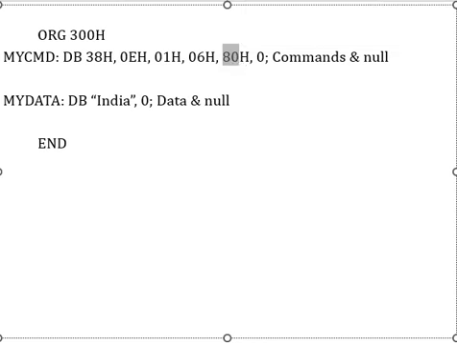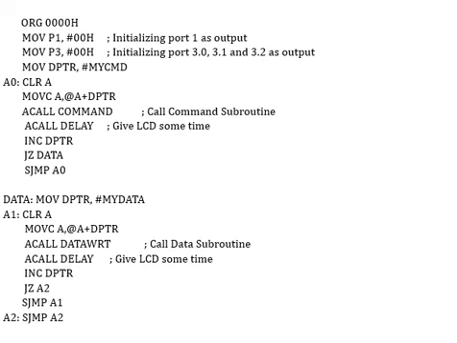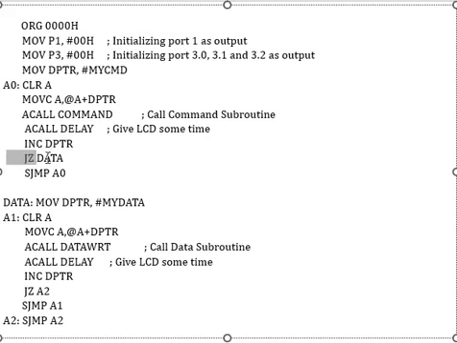So whenever this particular loop is executing for the sixth time, at that time it will come out of this loop and jump to the data subroutine. Otherwise, it will stay in this particular A0 loop only.